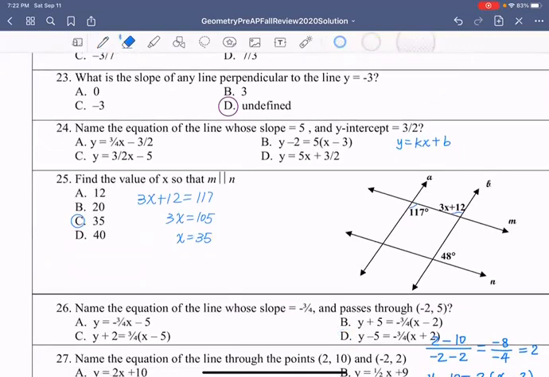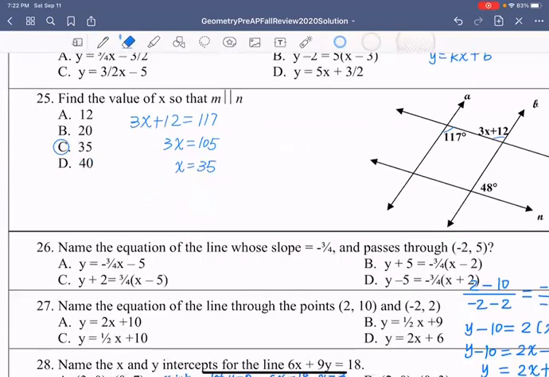Next one. Felix, do one more. 26. Tell me, how do I write down the point slope format? We already know the slope, so it'd be y equals -3/4x, and then we have to find the y-intercept. Hold on. Y minus y0 equals slope times x minus x0, correct?